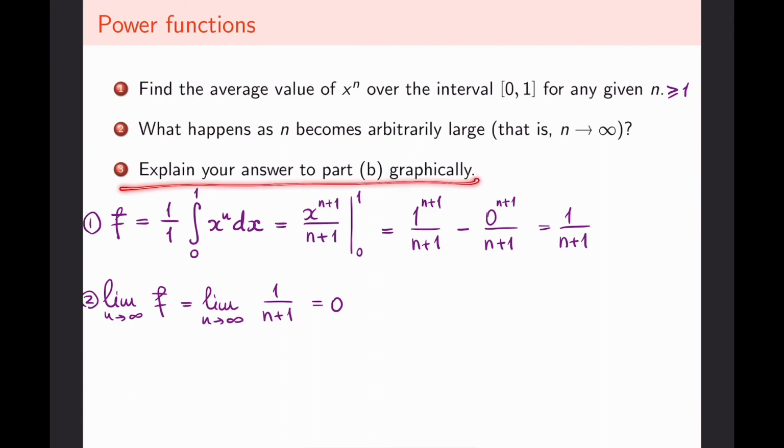Let's see if we can understand this graphically. So what does a power function x to power n look like on the interval from 0 to 1? Now notice that I don't actually have to draw the negatives here. I'm only interested in the positive because my interval is from 0 to 1.